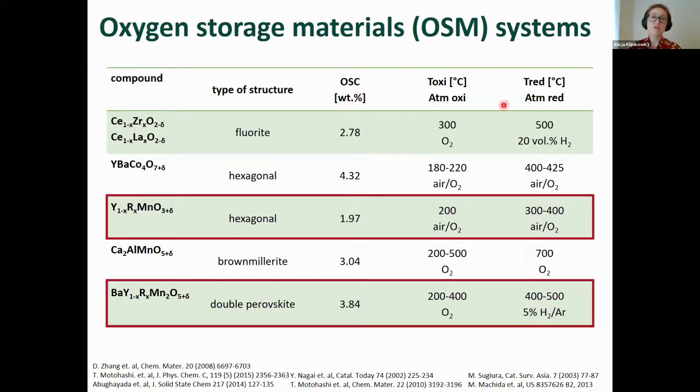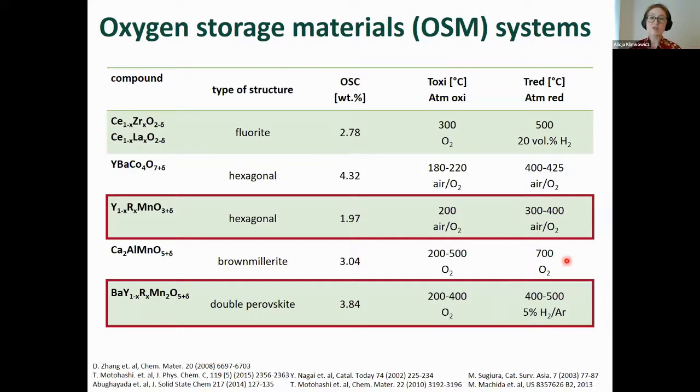Another important feature is the temperature and atmosphere of oxidation, and symmetrically the temperature and atmosphere of reduction. So this is the temperature of operation that I was talking about. Different systems exhibit different temperatures of operation. For example, this brownmillerite material reduces at 700 Celsius.